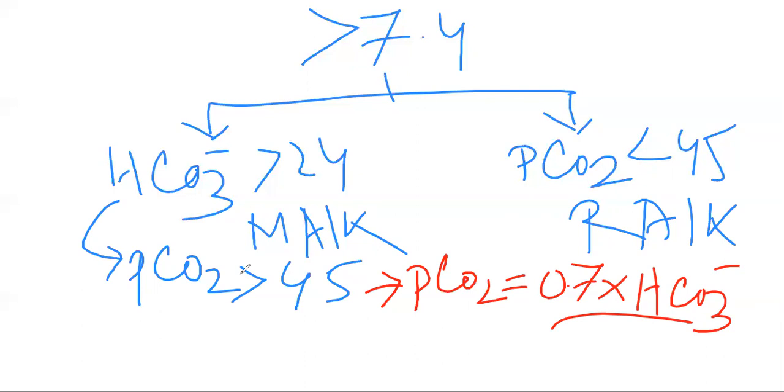But if it is not, it will mean that metabolic alkalosis along with a respiratory alkalotic situation has occurred. There is no compensation. It is a separate entity or secondary disorder. Now, if PCO2 is less than 45, that means it is respiratory alkalosis.